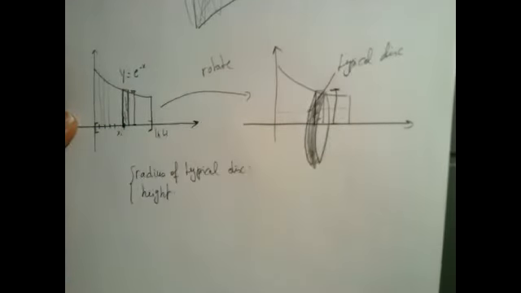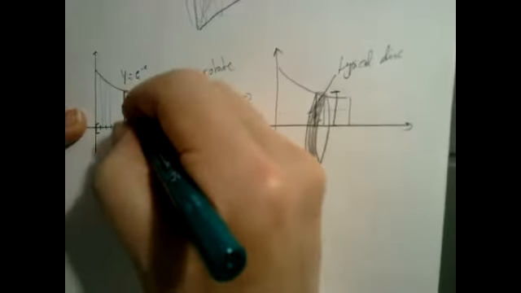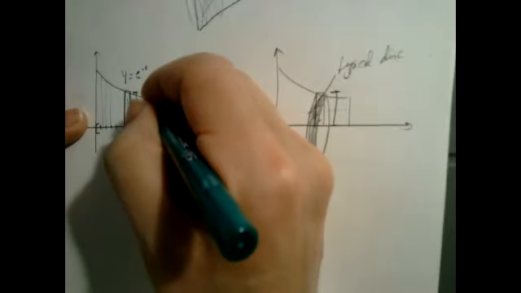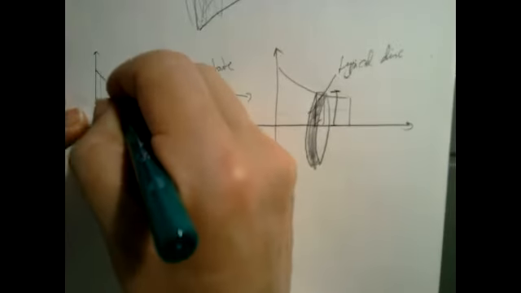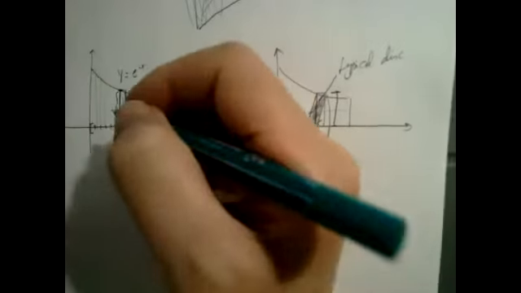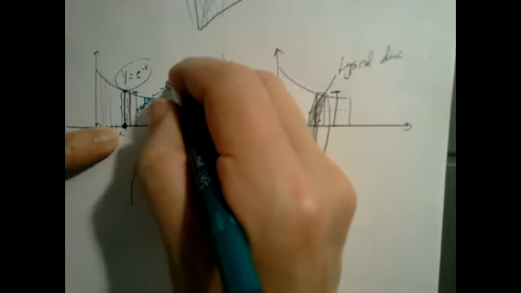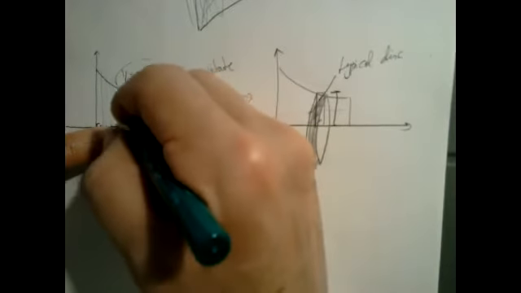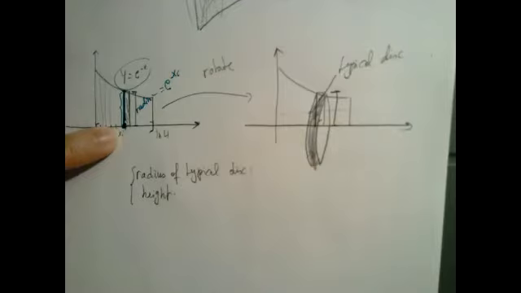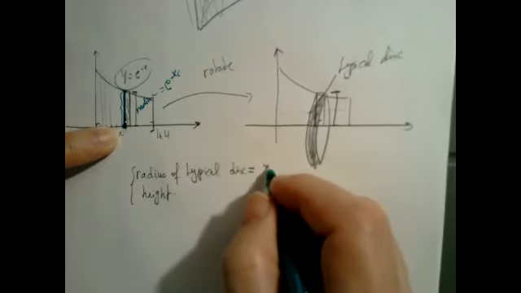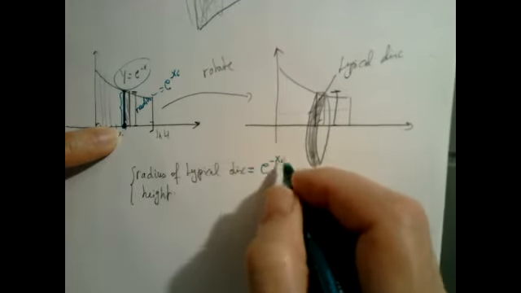It is nothing more than the value of the function at this particular xi. That's this horizontal distance. So the radius is the value of the function at xi.